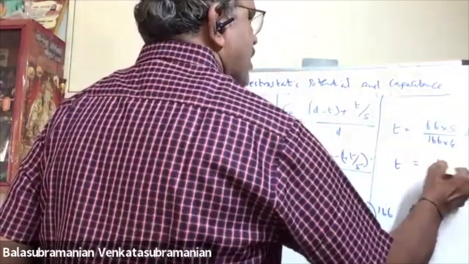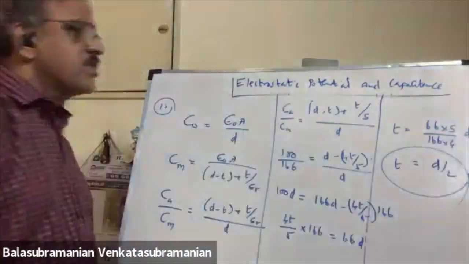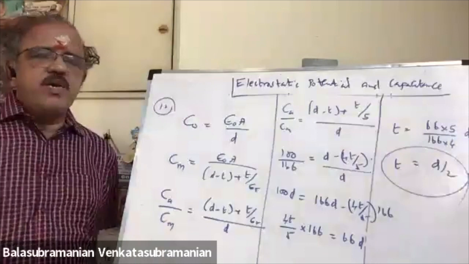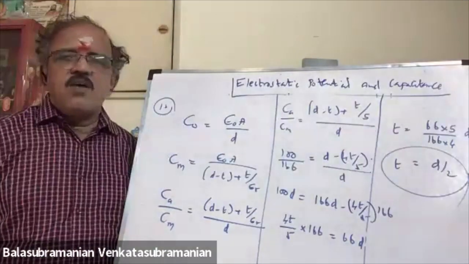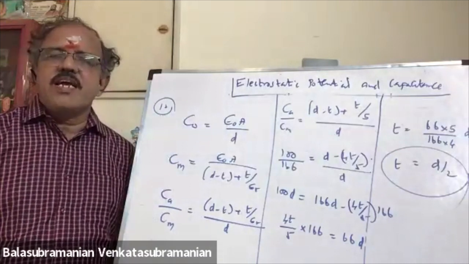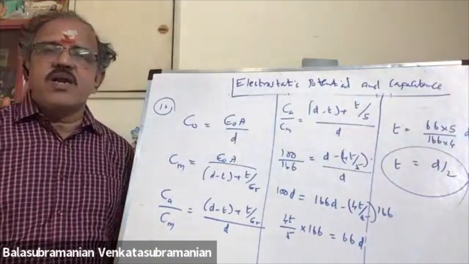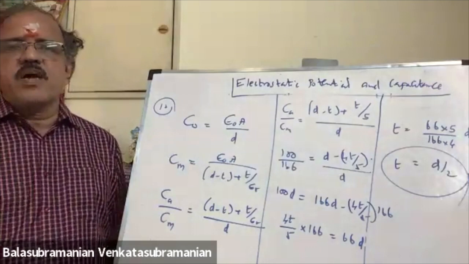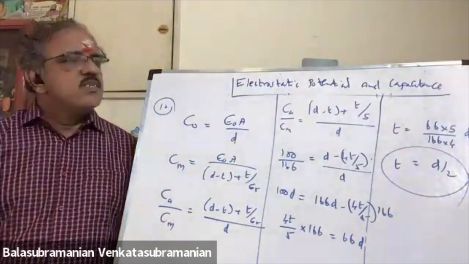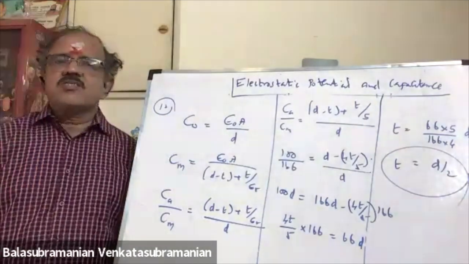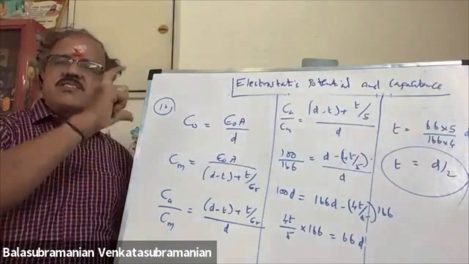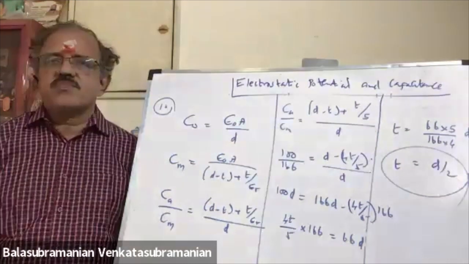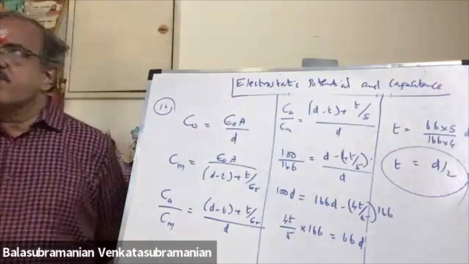Calculate, it is half. 66 into 5 by 166 into 4 is almost half. 0.49 something you will get, that is 0.5. So the dielectric slab thickness is half of the distance between the two plates. Okay, fine.